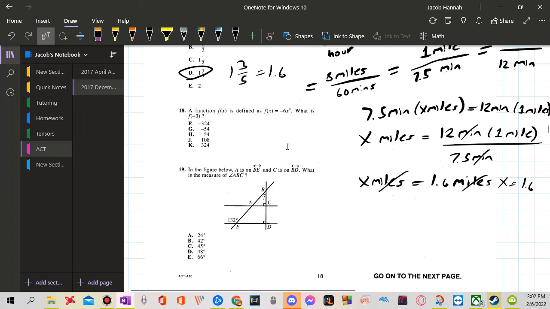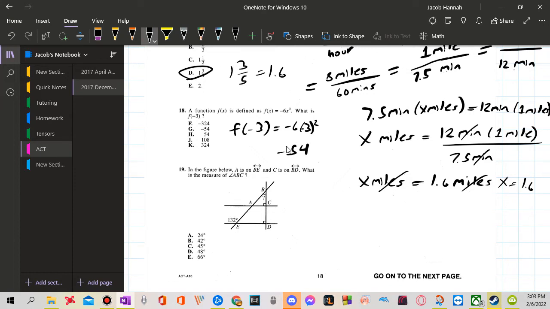Alrighty. A function f of x is defined as f of x equals negative 6x squared. What is f of negative 3? So all you do is type this on your calculator. Equals negative 6 times negative 3 squared. So negative 3 squared is 9, and 9 times negative 6 is 56. Oop, no, it's not. It's negative 54.